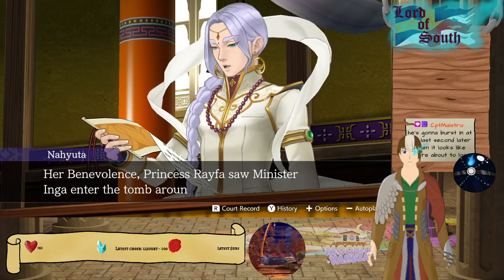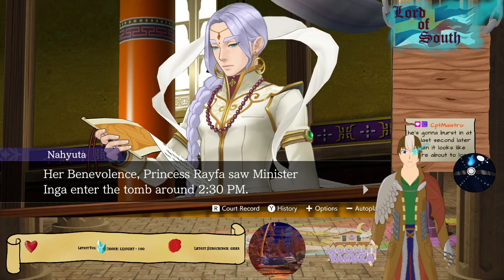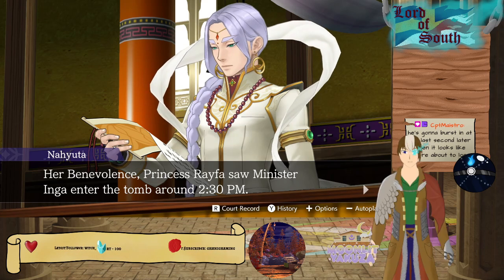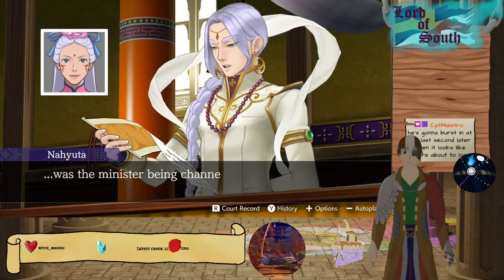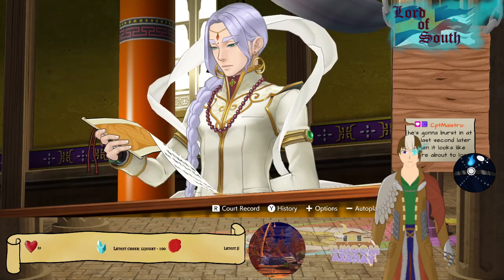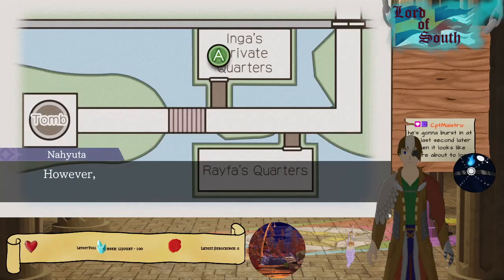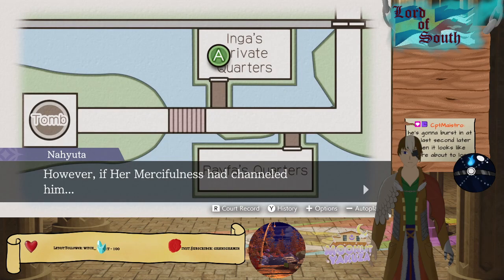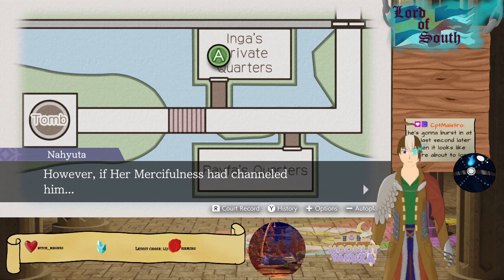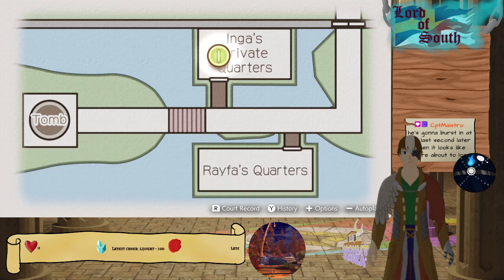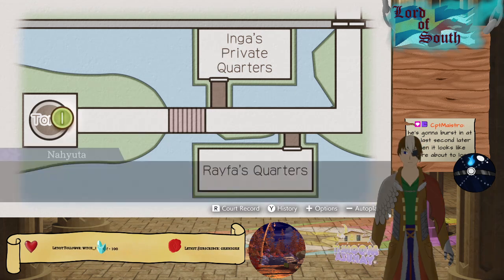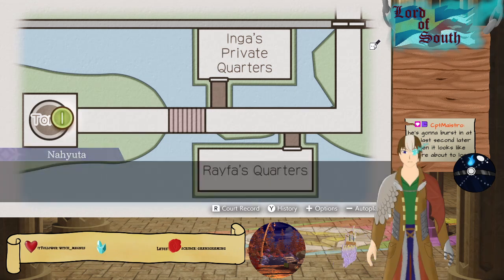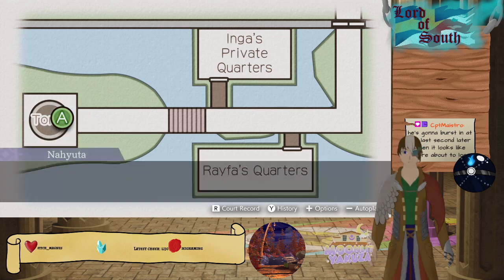Her benevolence, Princess Rife, saw Minister Inga enter the tomb around 2:30 p.m. Yet your defense claimed the person she saw was the minister being channeled by Queen Amara. However, if her mercifulness had channeled him, and then once she was done channeling, there would be an Amara in there.